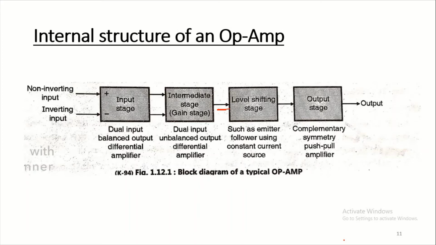This is why it is known as a push-pull amplifier. One pushes the signal for the positive half cycle, and the second pulls the signal for the negative half cycle, and then the output stage gives the output for these two signals.